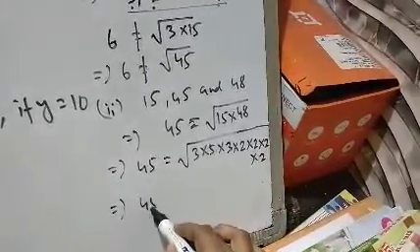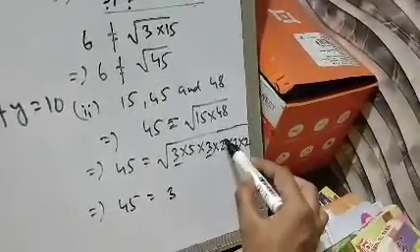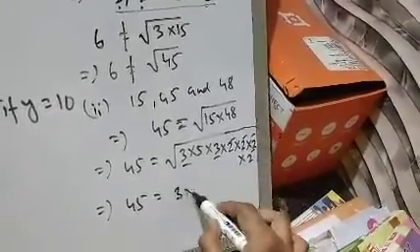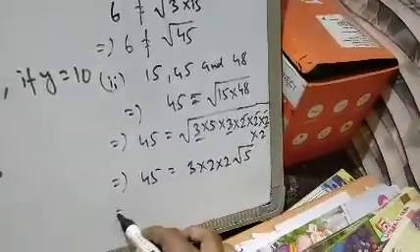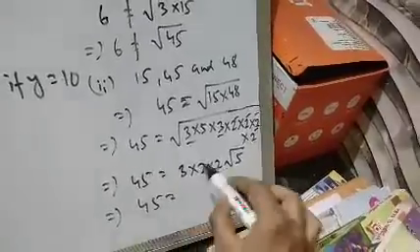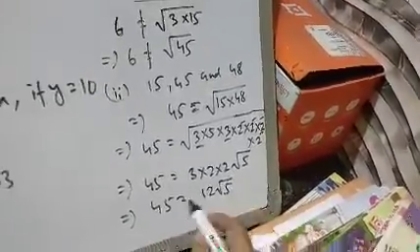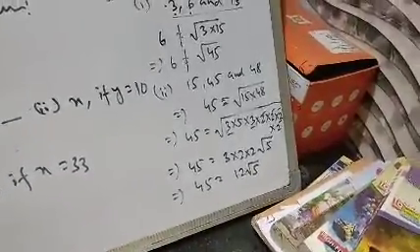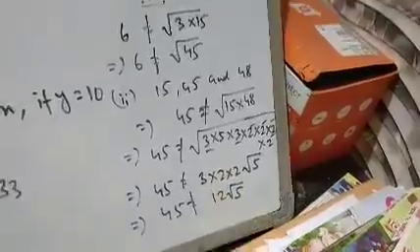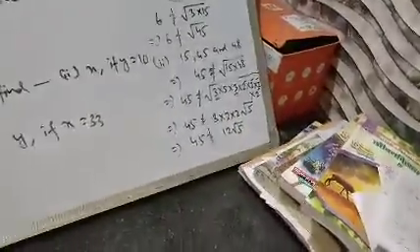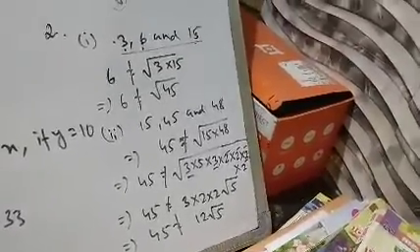Therefore, in the root, 2 3s are there, so one 3 will be extracted, and 4 2s are there, so 2 2s will be extracted, and root 5 will be there as it is. Therefore, 45 should be equal to 3 2s are 6, 6 2s are 12, 12 root 5. Now see, these two are not equal. It must be equal, but these are not equal. So this is also not the answer.